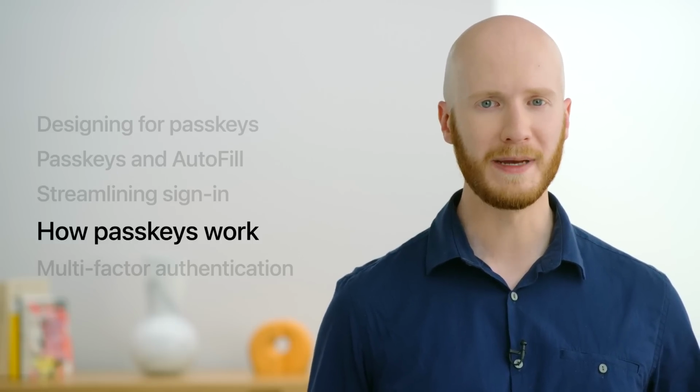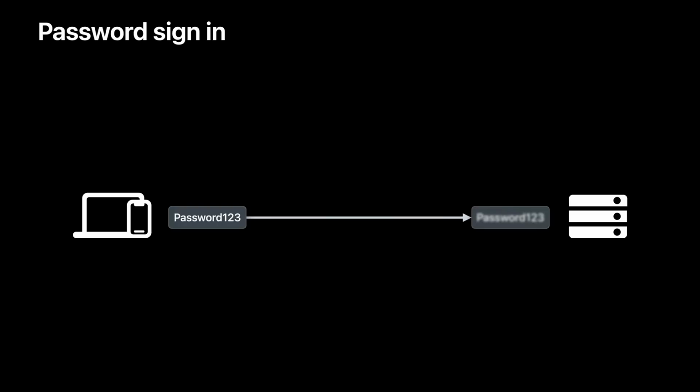Now I'm going to dig into some more technical details about how passkeys actually work and what makes them so secure. When you sign in with a password today, generally what's actually happening is after you enter that password, it gets hashed and salted, and the resulting obfuscated value is sent to the server, which stores it.